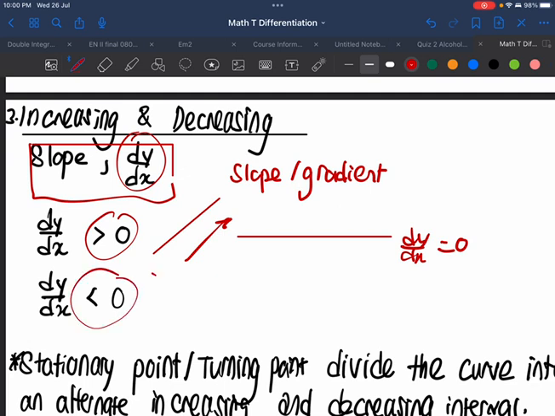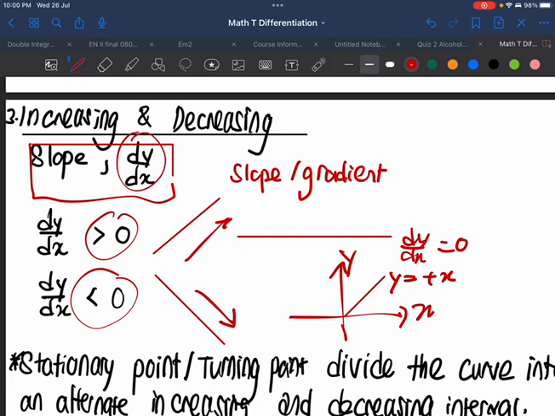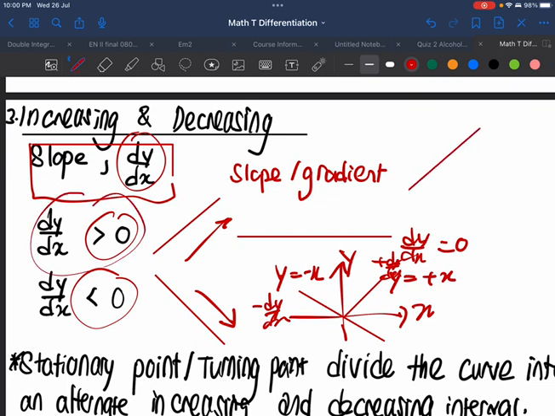When it's negative, it's going downward. It's just like the graph y equals x, positive, and if y equals negative x, it's like here. So here is the negative dy/dx, and here is the positive dy/dx. When dy/dx is greater than 0, the slope is going upward, whereas when it's smaller than 0, it is going downwards.